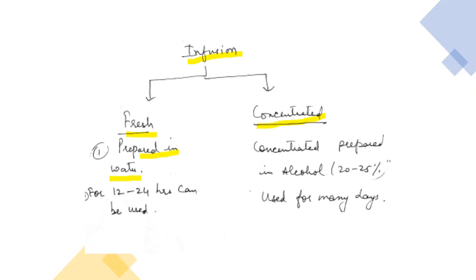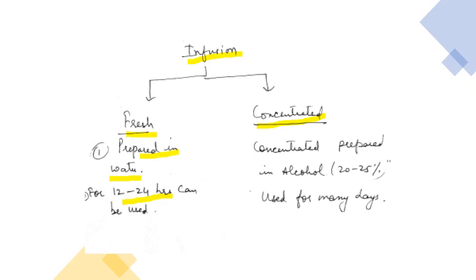And it can be used up to 12 to 24 hours. So the fresh infusion which you have extracted by using the water can be used up to 12 to 24 hours.